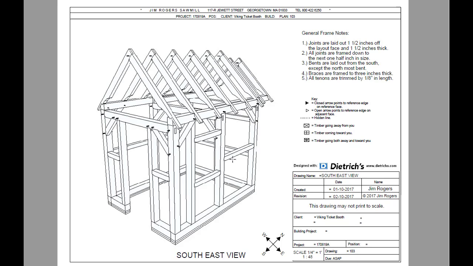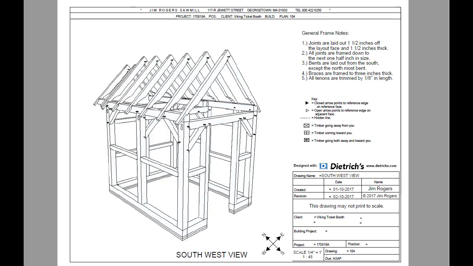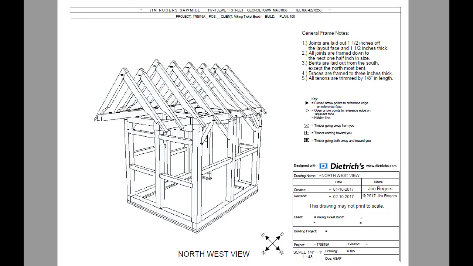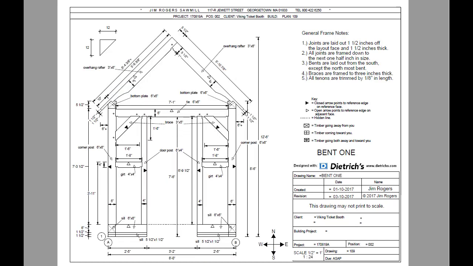Here is a little ticket booth drawing I did for a local group, and we can see in this bent, number 1, we have the doorway, and on the other end we have an overhang for the customers to stand under in the rain at the ticket windows. So here's a bent 1 view, and somebody will say, well, why do you need more views?